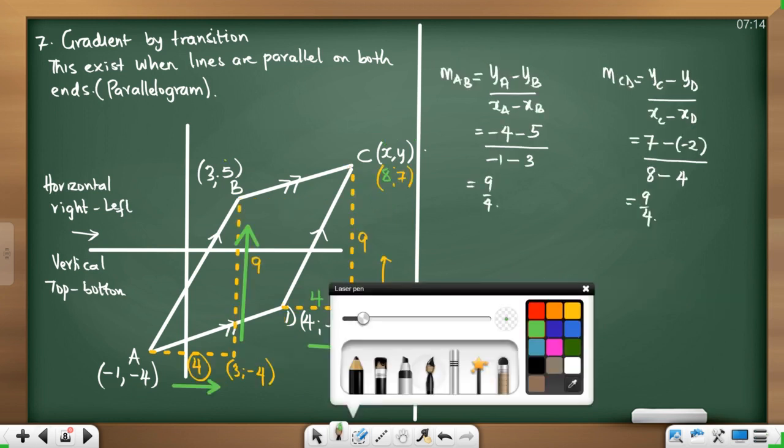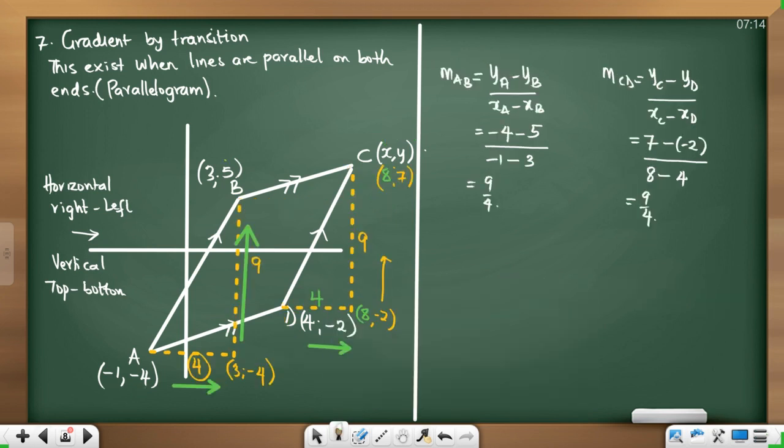So here, what should I have written? Just added to it. D is XA, we moved 4 units, right? Plus 4. And Y, we moved how many units up? 9. Beautiful. Here we used A and B. A to B. The coordinate of B would be XA plus 4 and YA plus 9.